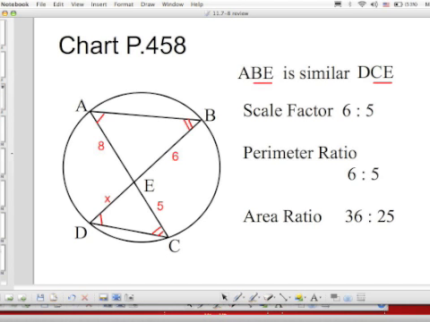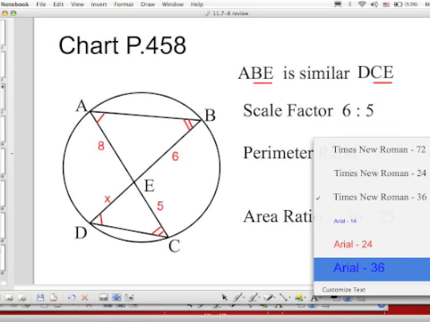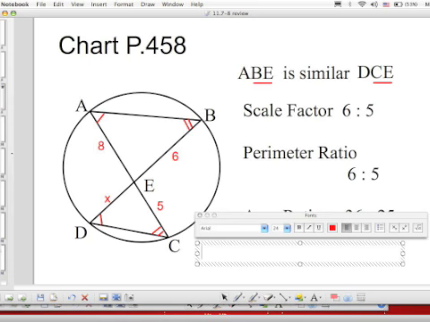36 to 25. Now, the final question that is asked is find the measure of segment DE, which is labeled here as X. Well, from our circle chapter, we learned that if two chords are crossing each other in the center of a circle, you can find the measure of the segments created by multiplying the pieces together and setting them equal. 8 times 5 is equal to 6 times x.